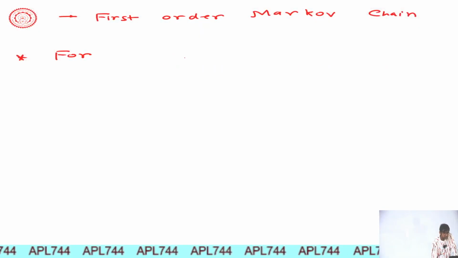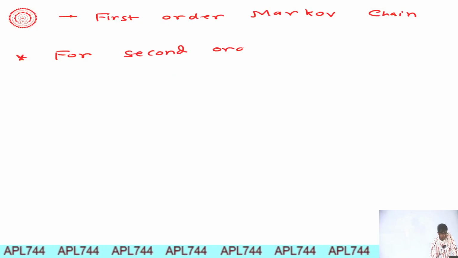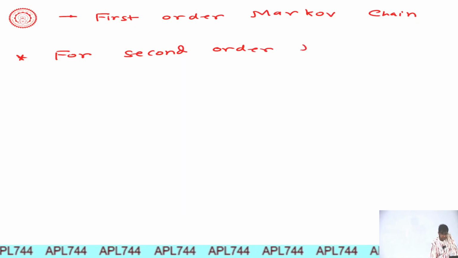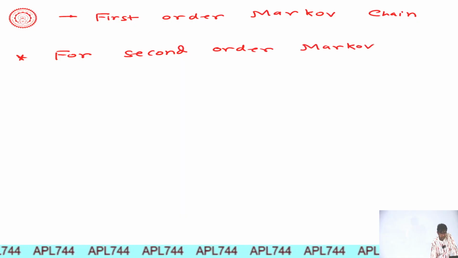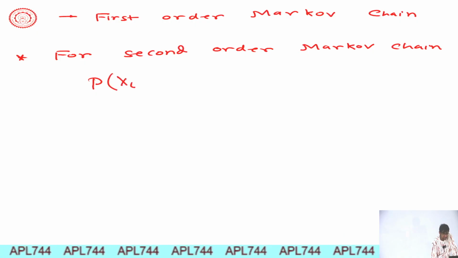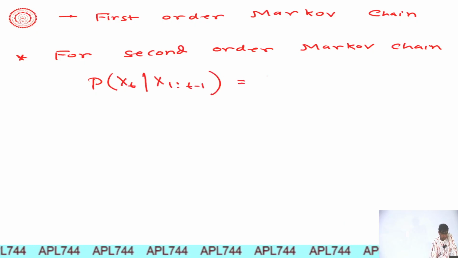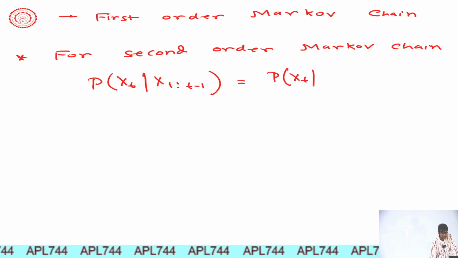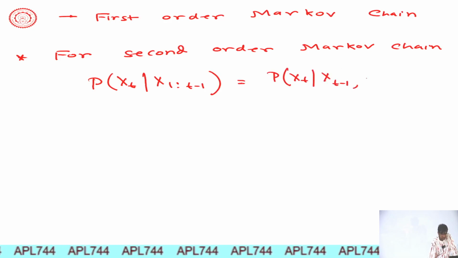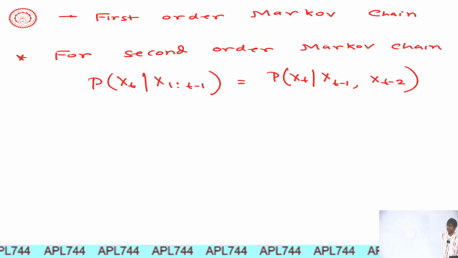For a second order Markov chain, the probability of xt given x1 to t minus 1 will be equal to the probability of xt given xt minus 1 and xt minus 2, for all t.